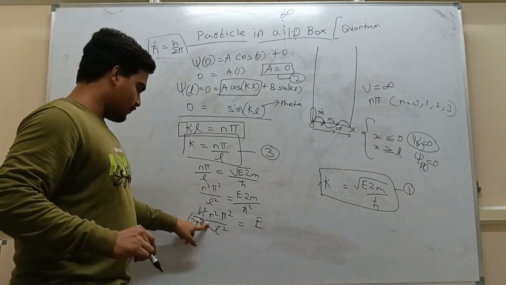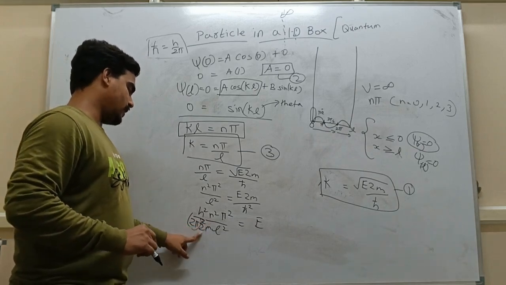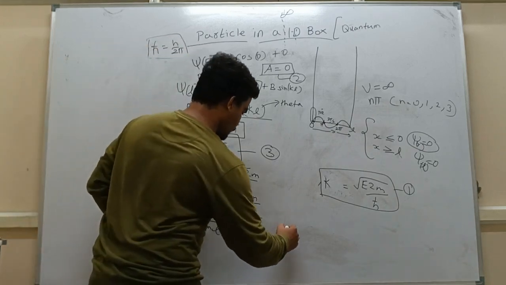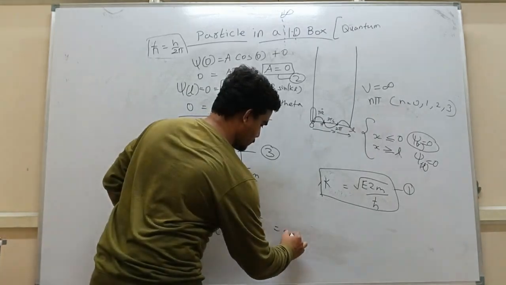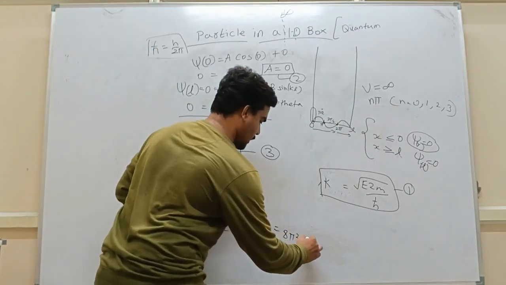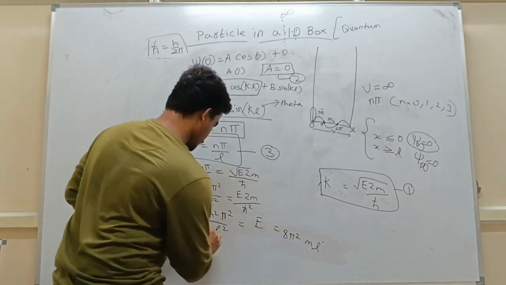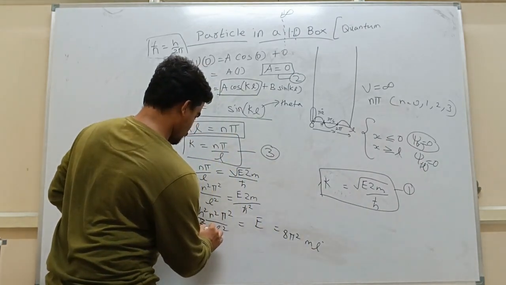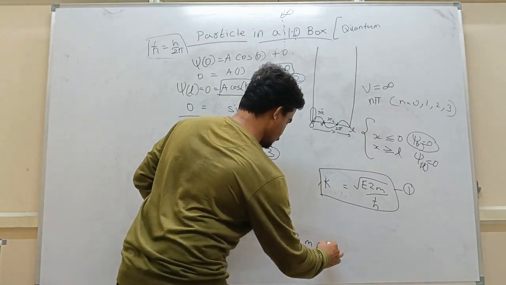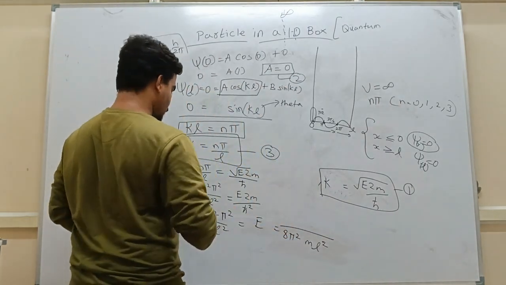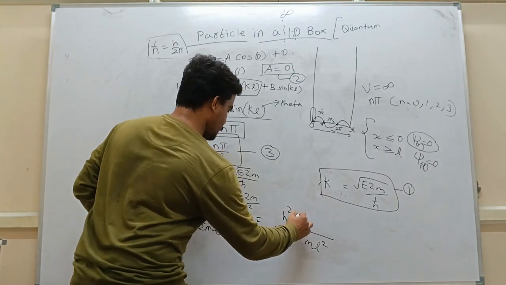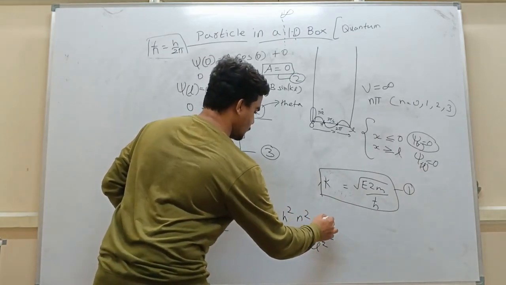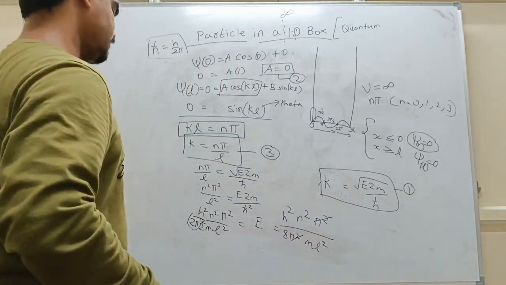So now 2 square is 4, 4 into 2 is 8 pi square. So this will become 8 pi square into m into L square in the denominator. In the numerator we will have n square, h square and pi square. Now see, this pi square and pi square will get cancelled out.